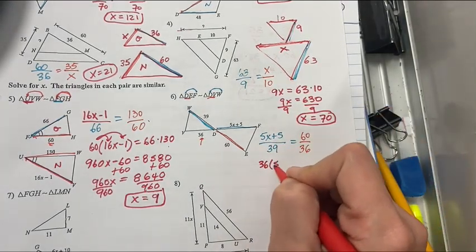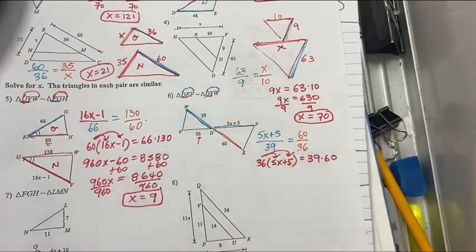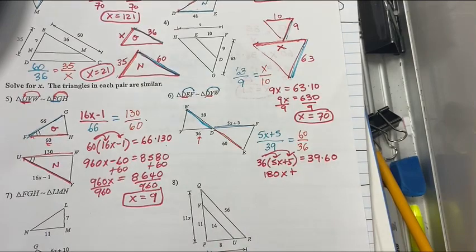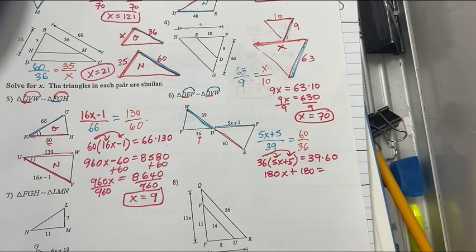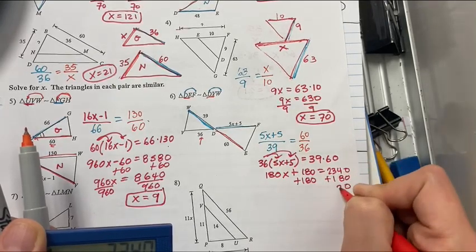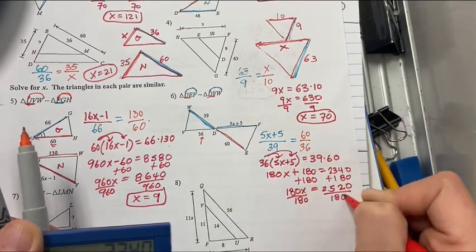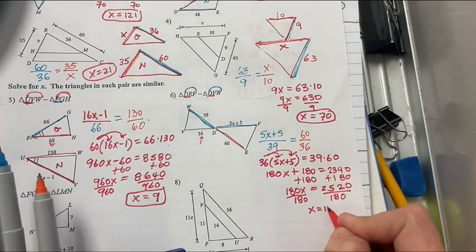So 36 times 5x plus 5, 39 times 60. I get x is 14.